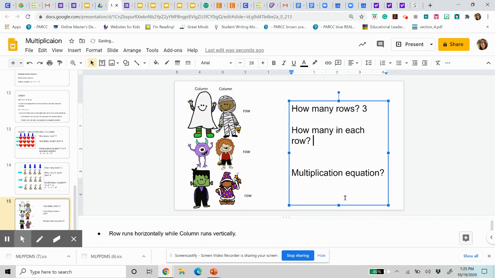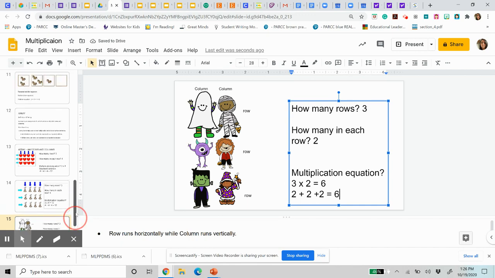I have 2 kids in each row. So what would be my multiplication equation? 3 times 2, and you can count by 2s: 2, 4, 6. For repeated addition, 2 plus 2 plus 2 is 6.